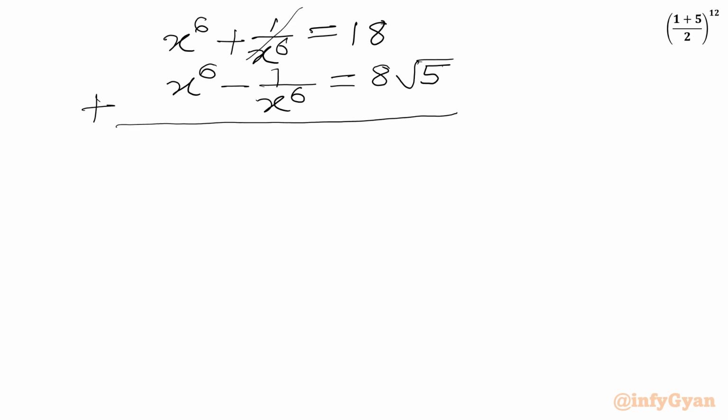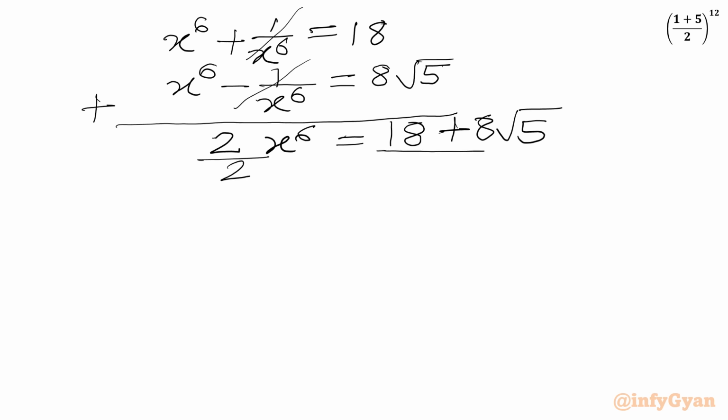So 1 over x power 6 and minus 1 over x power 6 will be cancelled out. I can write 2 times x power 6, and RHS will be 18 plus 8 square root 5. Divide both sides by 2. So x power 6 will become 9 plus 4 square root 5.